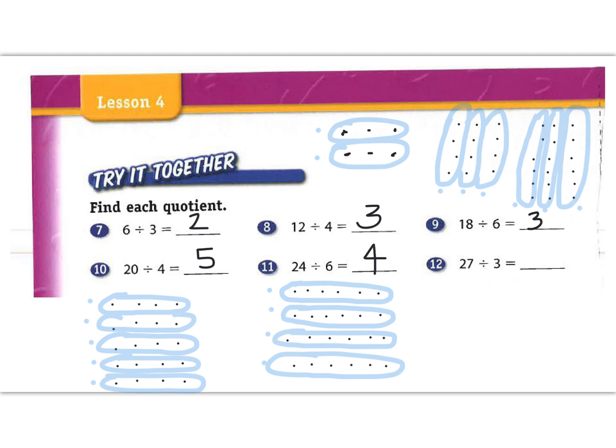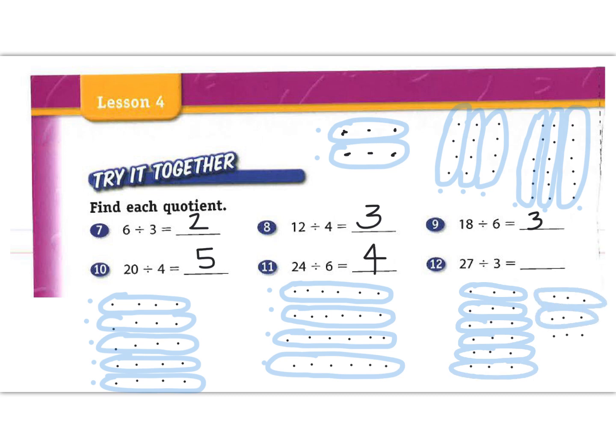And the last one is 27 divided by 3. So we want 3 in each group. So we circle and we'll get 3 in each group. And then we'll count our groups. So we got 1, 2, 3, 4, 5, 6, 7, 8, 9. So 27 divided by 3 is 9.